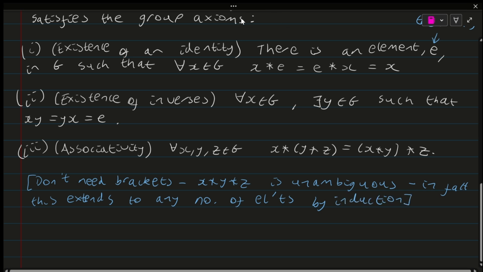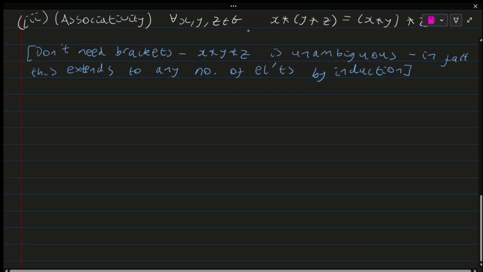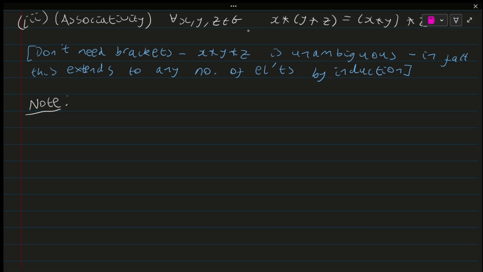Okay, so this is our definition of a group. We have this set G, this operation star, and it satisfies these three axioms. Now there's one important thing to note here. We've got three axioms, but when you're asked to check whether a set and an operation are actually a group, there's four things to check.